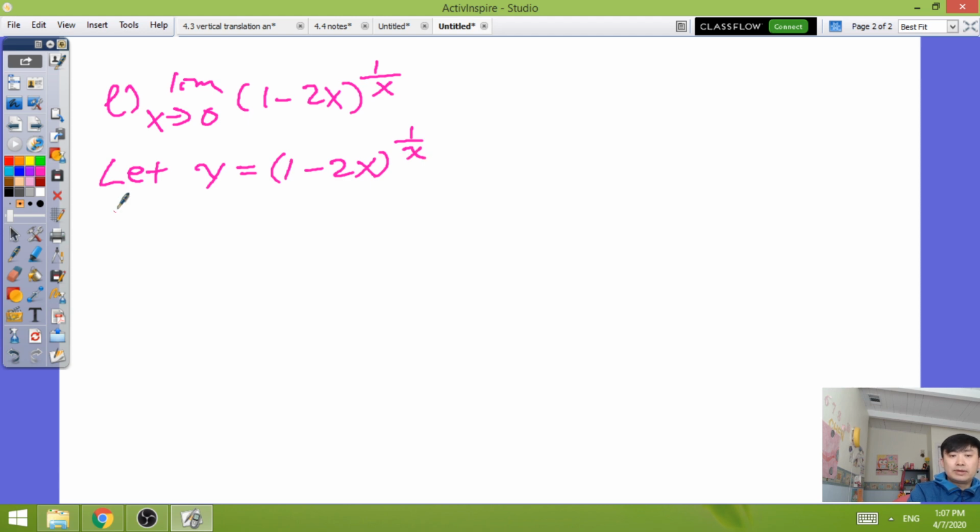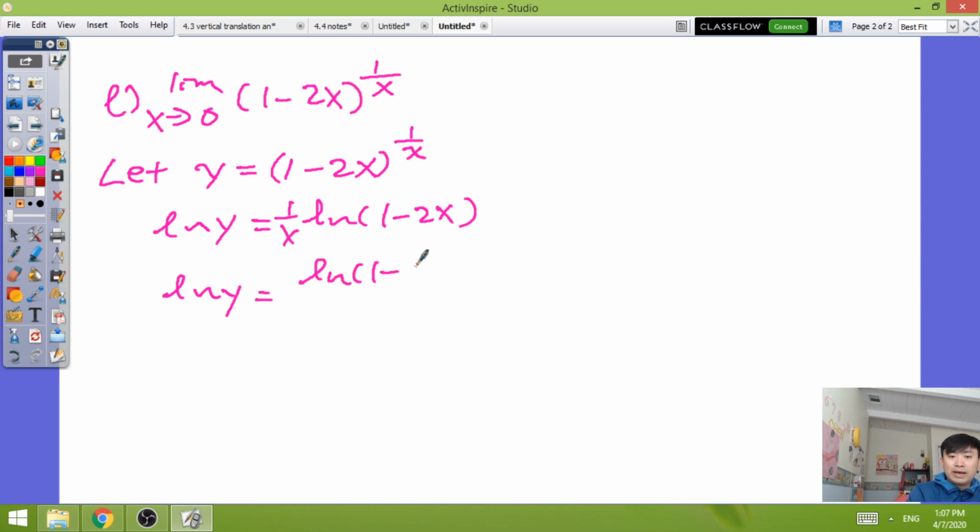The purpose of doing this is that we can use the properties of natural log. So you take the natural log of both sides here, and guess what you can do? You can always bring down the power 1 over x. And then from here, we do have natural log of y equals natural log of (1 minus 2x) over x. So basically what I'm doing here is trying to simplify the structure. I try to make the right-hand side a quotient structure.